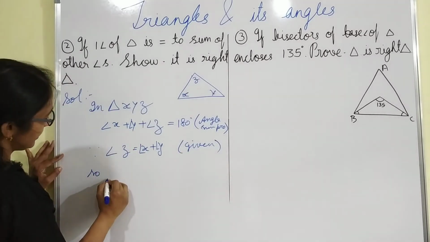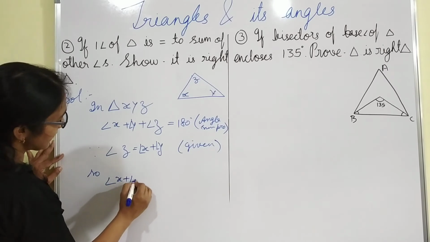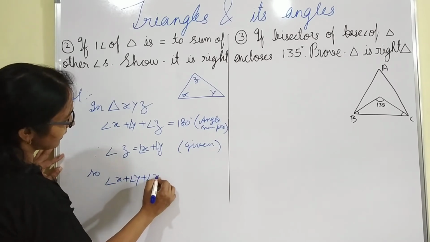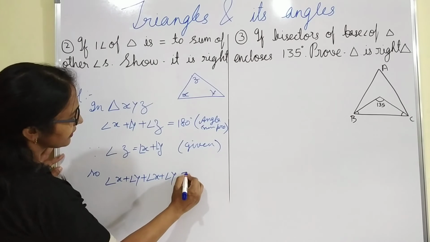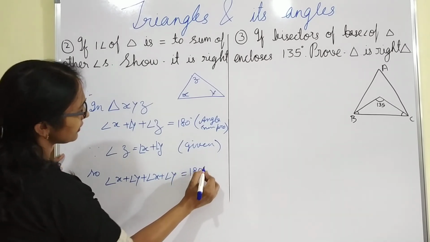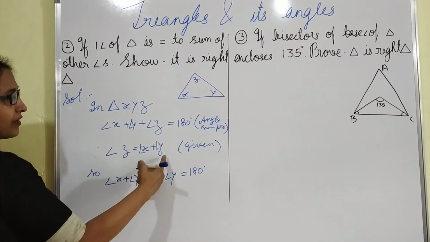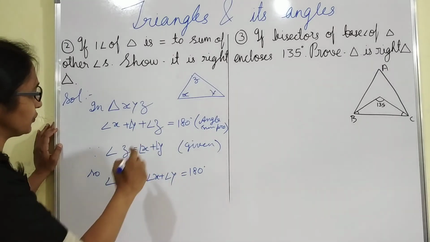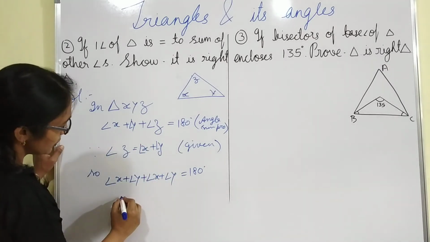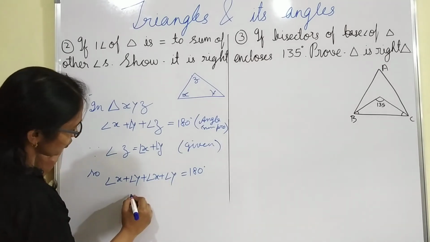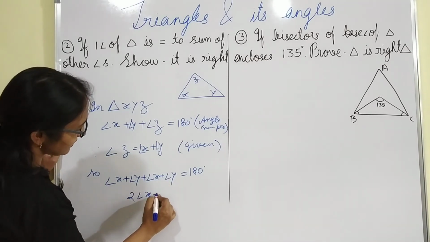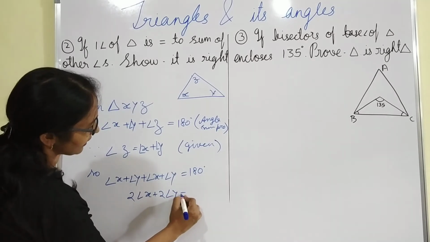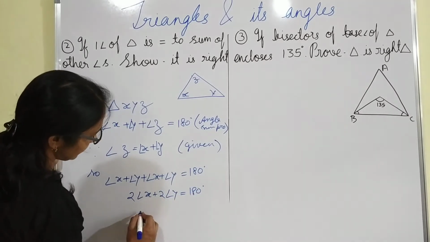So angle x plus angle y plus angle x plus angle y equals to 180 degree. We will put value of z in equation 1. So otherwise substitute. Okay. So 2x plus 2y. Twice of angle x plus twice of angle y equals to 180 degree.